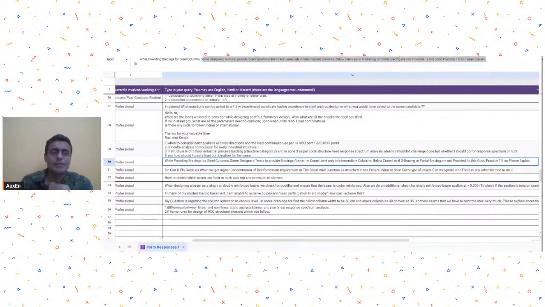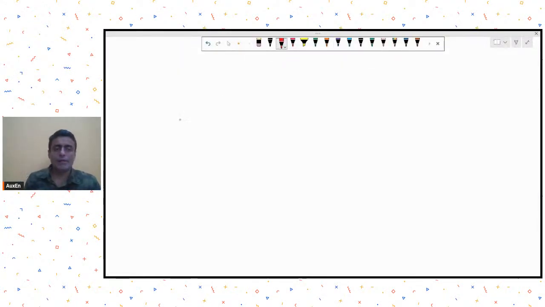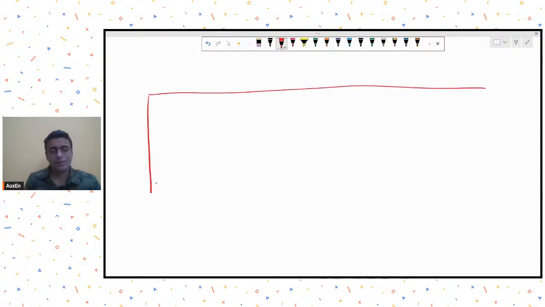No, it's not a good practice actually. You should provide bracings in elevation along the length of the shed, also at the locations where you have the crane bracket. Let me show you a sketch of an internal elevation of your steel frame.